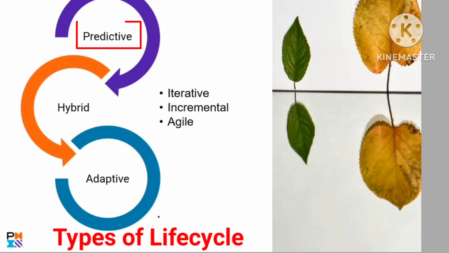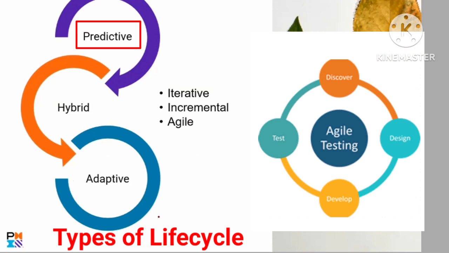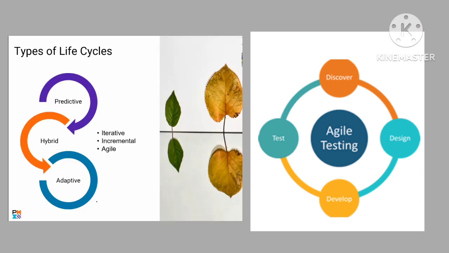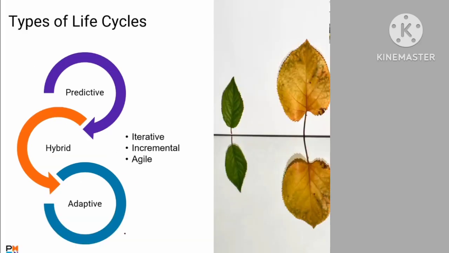From the project point of view, we are considering the design phase, development phase, testing phase, and delivery phase. If we know the product completely from the initial stage to the end stage, then that life cycle is called the predictive life cycle.